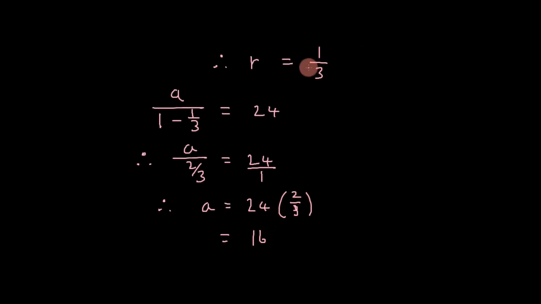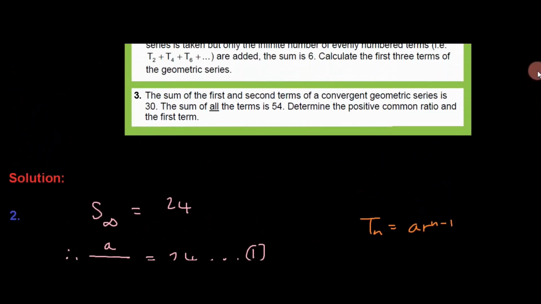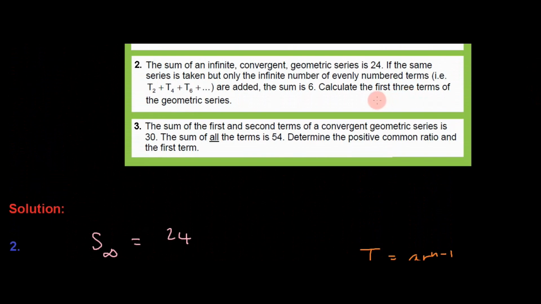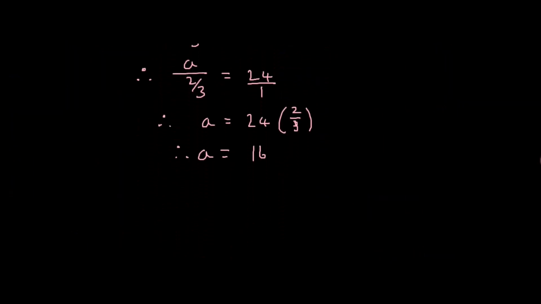So we have the value of r, and now we also have the value of a. Now to go back to the question, we wanted to calculate the first 3 terms, and we can do this easily now. So then the GP will equal a, which is 16.